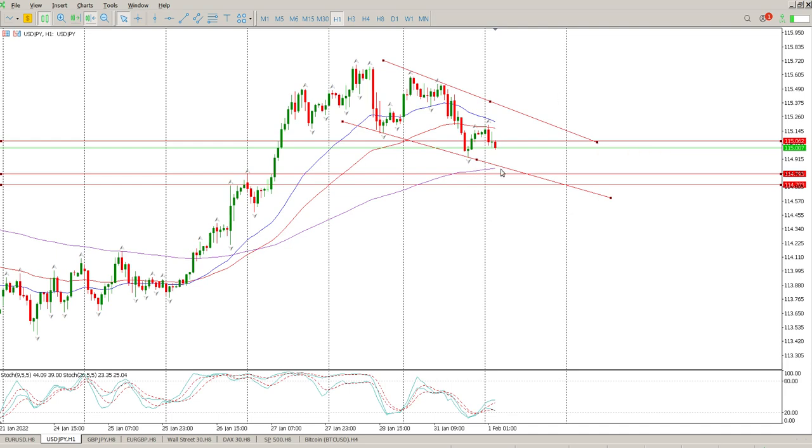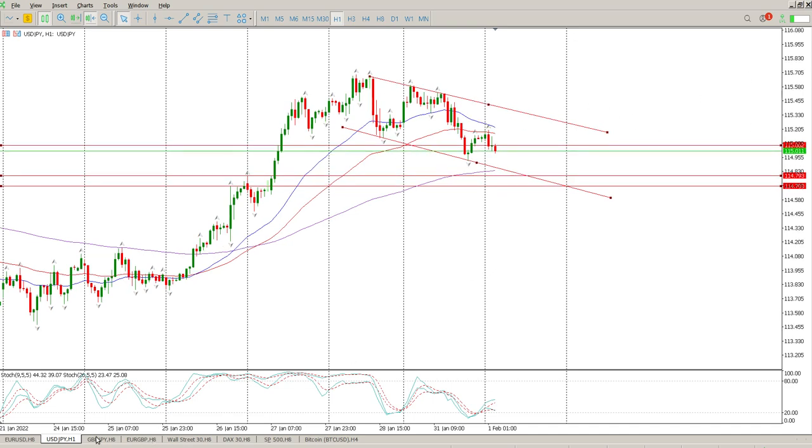So that's the area that I'd be looking for opportunities to buy back into this, and then we're basically looking to break the trend line. We'll be looking to break that trend line to the upside, and that would validate a flag for a bigger move to the upside. So that's kind of the structure we're looking for on the dollar.